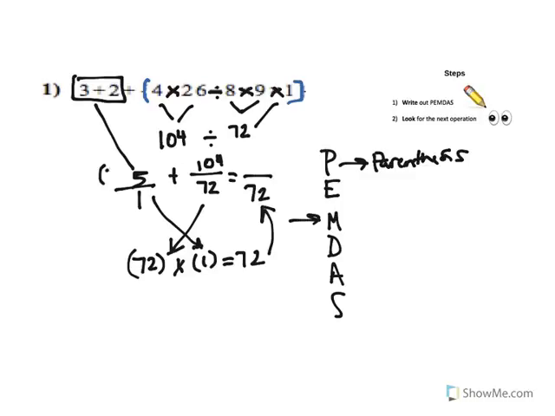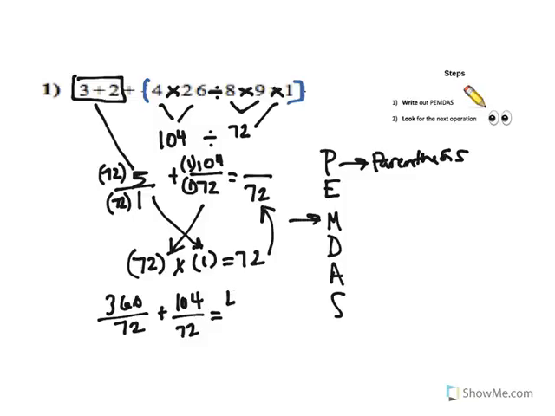I multiply this by 72, I multiply this by 72, this by 1, and I get 72 times 5 is 360 over 72 plus 104 over 72 equals 464 over 72.